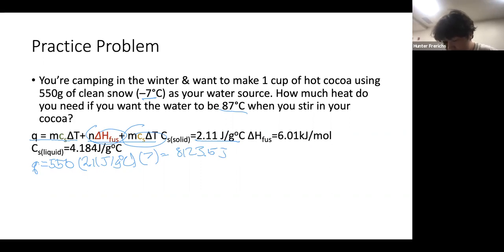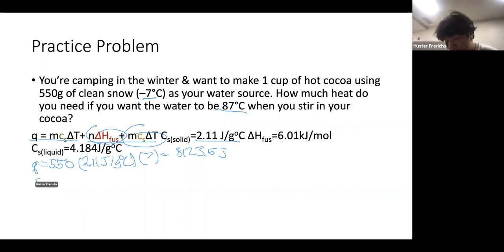Now for your delta H of fusion value, for your snow to water, you first find out how many moles you have.